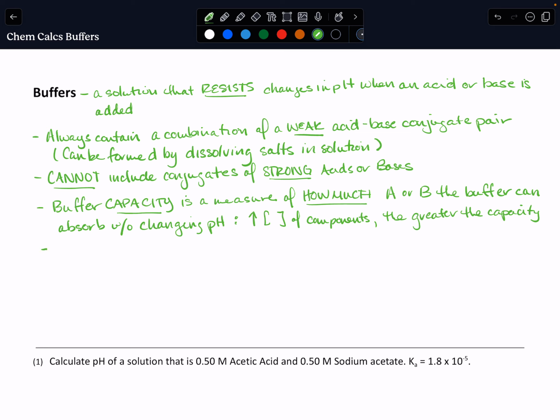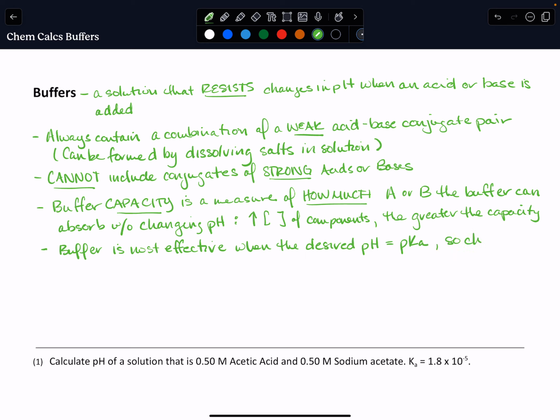All right, when choosing what conjugate pair to use, keep in mind that your buffer is most effective when the desired pH of the system equals the pKa of that acid.